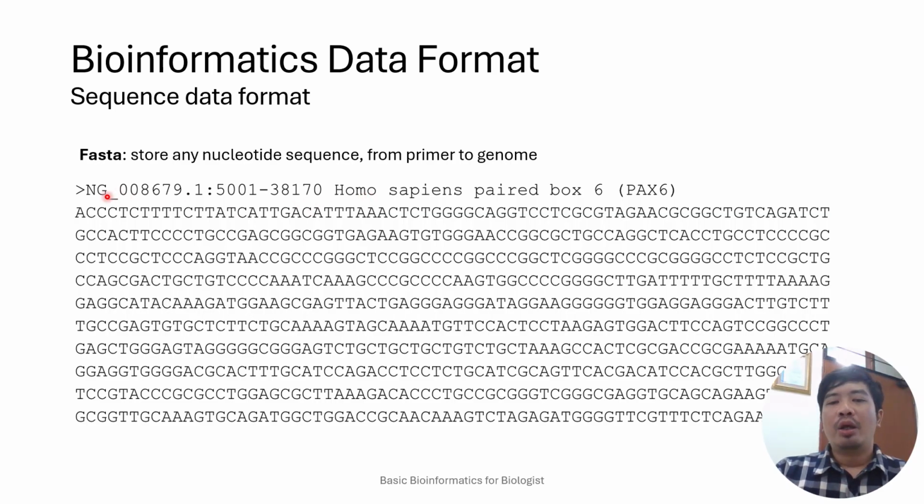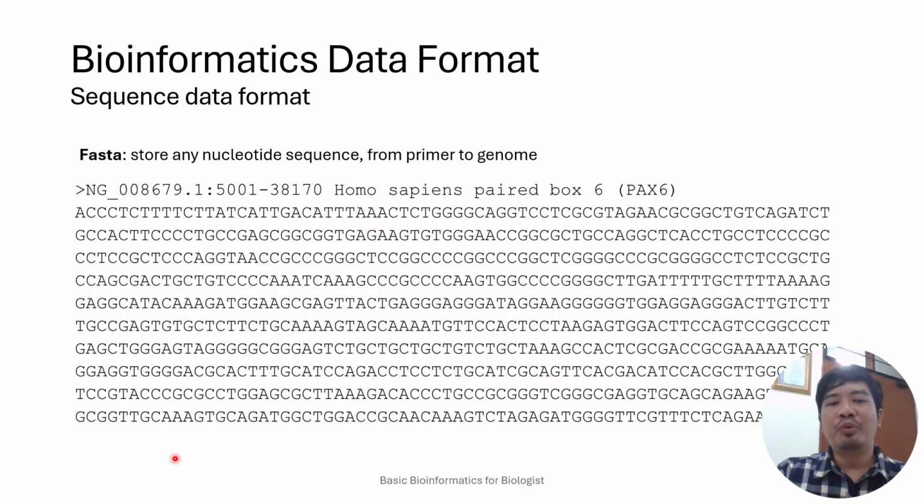You can put multiple sequences in one FASTA file. For example, this is one sequence. You can put something exactly like this below this sequence, but the identifier should be unique.